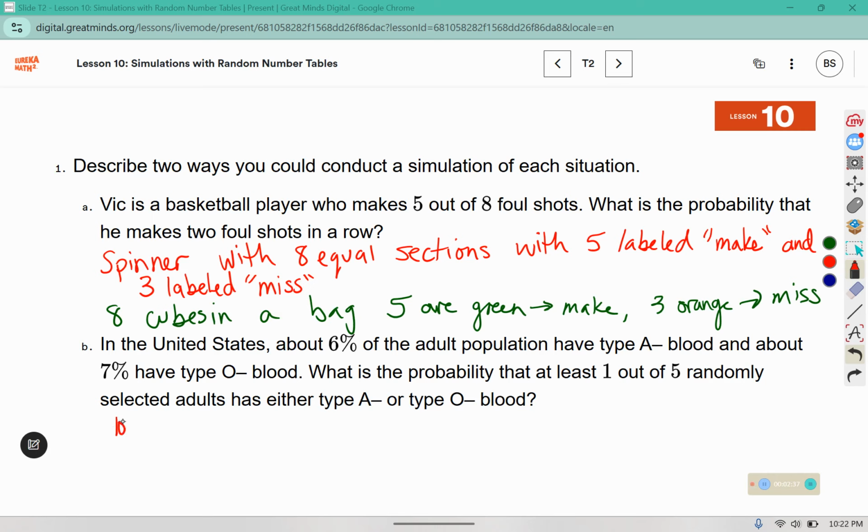You could put 100 cubes in a bag. 7 of the cubes could be red for type O, and 6 of the cubes could be blue for type A.